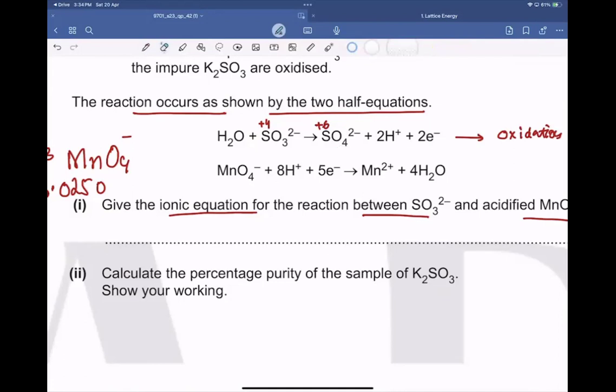So it has been oxidized, and there is another evidence that two electrons are lost from here. That's why they have written the electrons separately, which means this is the oxidation. And if you see over here, the electrons are on the left side, and on the right side we don't have any electrons, which means electrons are being gained, and gain of electrons is reduction. Is this clear to all of you?